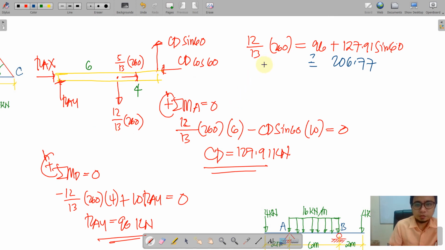We have 240. So somehow there is a mistake in our solution.